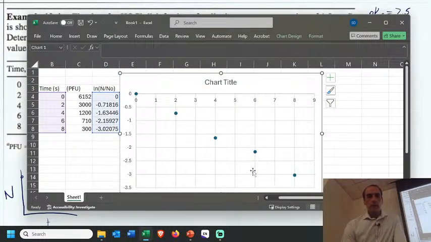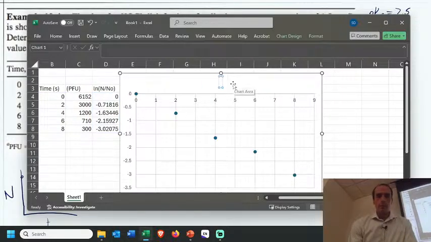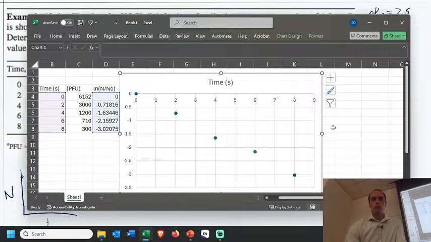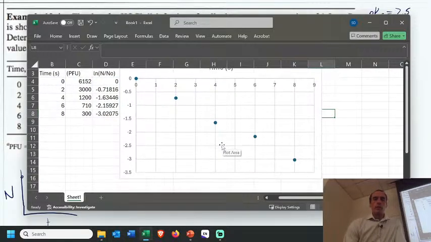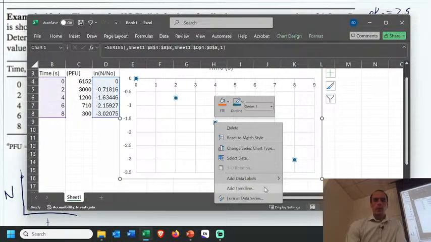Okay, so we've got the data. The chart's a little messy, but we're going to ignore that for the moment. If we want to put this at time, we could add in the other elements and everything. But for the moment, we can take a look, and it looks fairly linear to me. So we're going to go ahead and add a trend line.